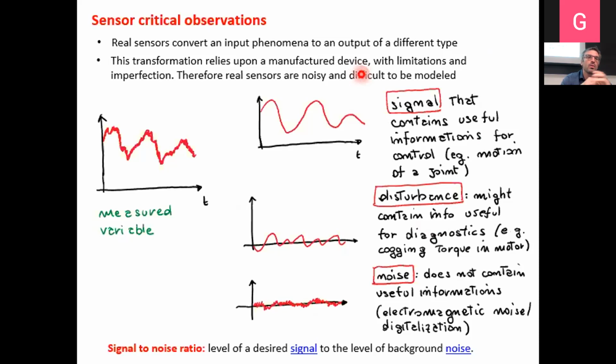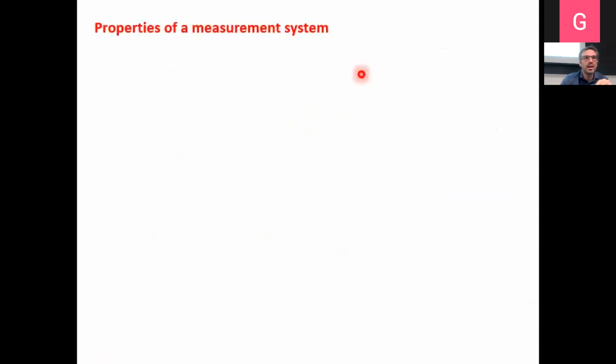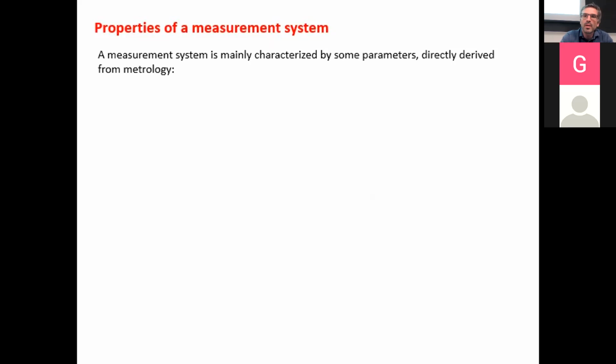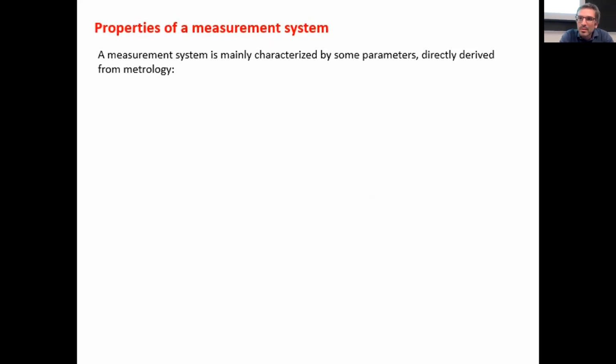All these things are difficult to model, but we have a way to define their impact with some parameters that are derived from the field of metrology, which is the discipline that studies measurements.